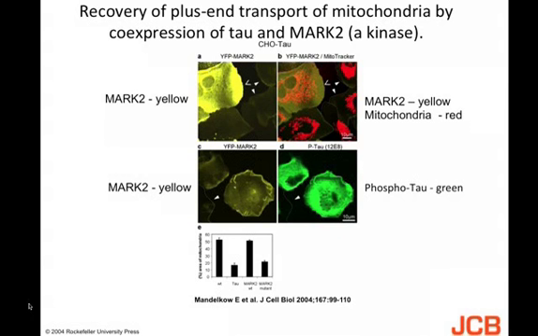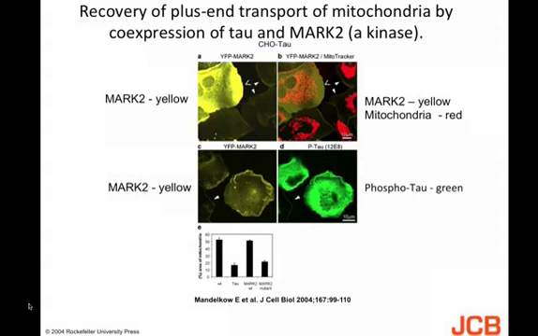But here, wait a minute, MARK2, mitochondria, YFP. So here they're showing movement again. See, they should be showing tau here. Oh, sorry. All these cells are overexpressing tau.